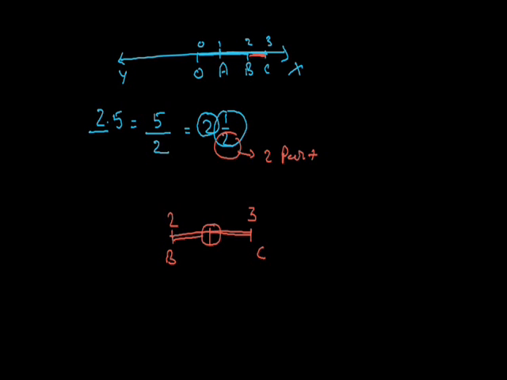This part is called our number, meaning 2.5 or 5 by 2. Here we can represent it like this. A represents 1, O represents 0. So on the number line we can represent it like this.